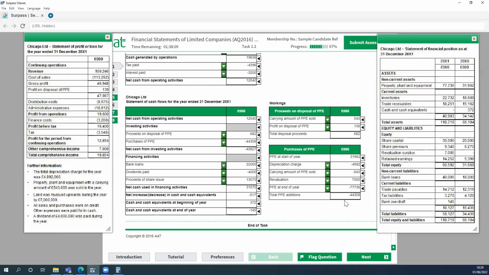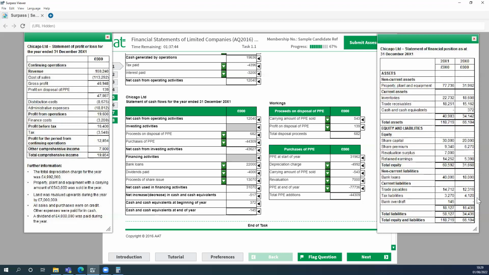And that will give you your total additions of 44,309. So that's what you spent on property, plant and equipment. So an outflow of cash. So therefore, your net cash from investing activities is minus 43,627. So 682 minus 44,309 gives you minus 43,627.